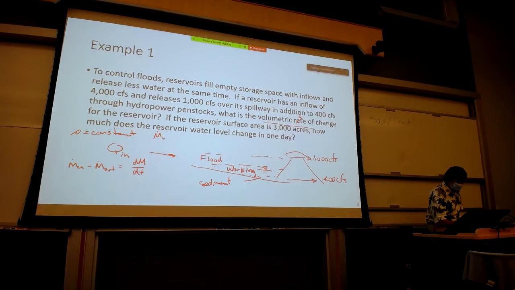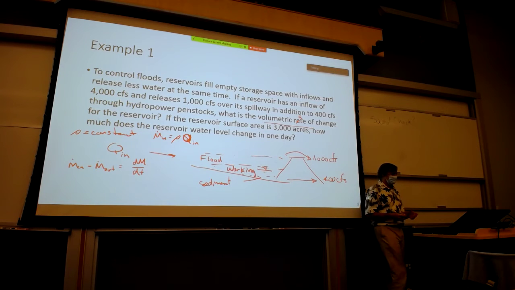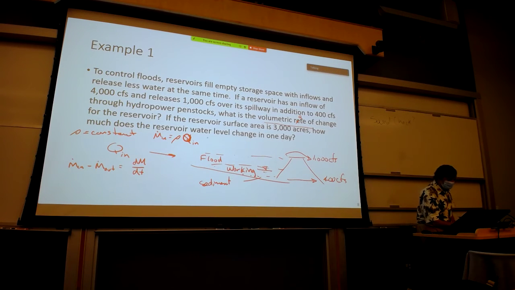And for example, m_in is the density times the volumetric rate in. And for volumetric rate, we usually use capital Q. So density has the dimensions of slug, for example, per cubic feet.